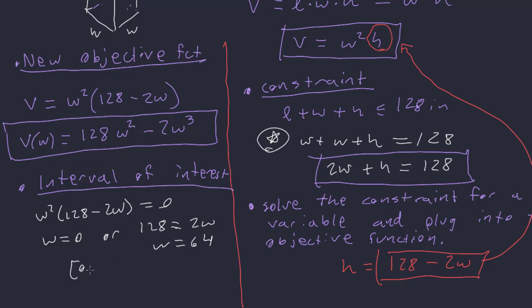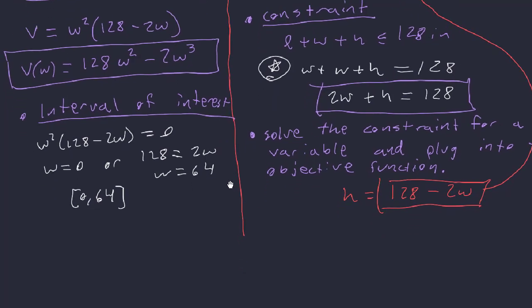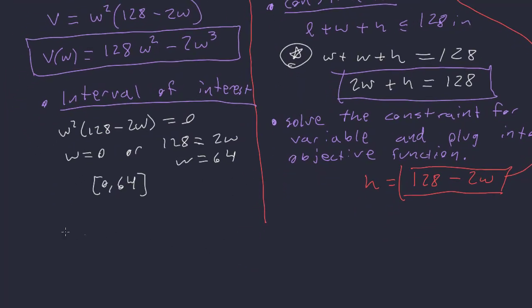So the interval of interest is 0 to 64 because everything outside of this interval is going to cause this volume to be negative, which doesn't make sense for what we are trying to do. Again, this is not something I'm that picky about, but it is something that you may be asked for. So it is worth knowing how to find the interval of interest.